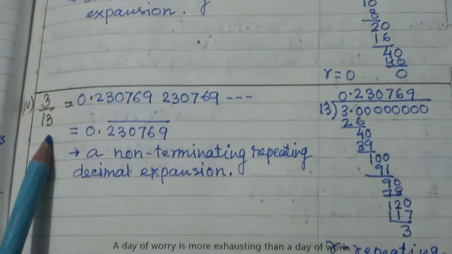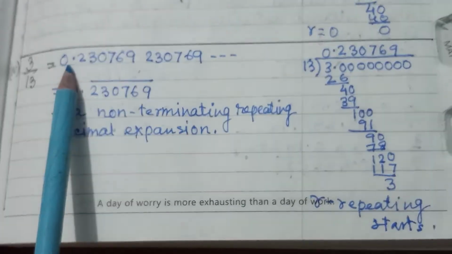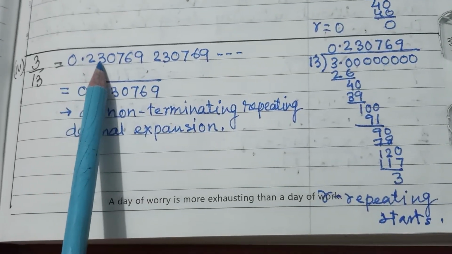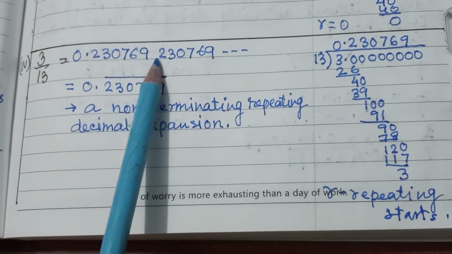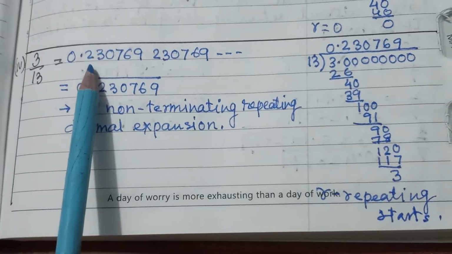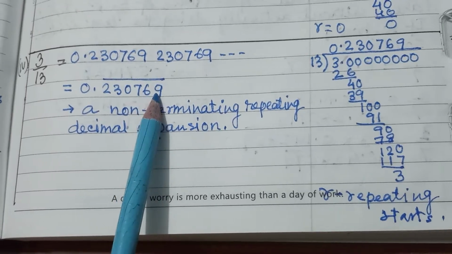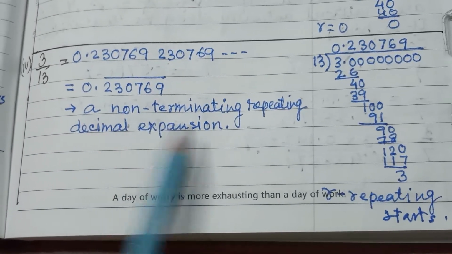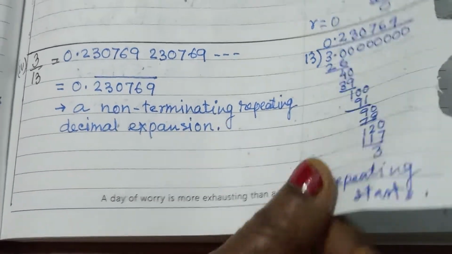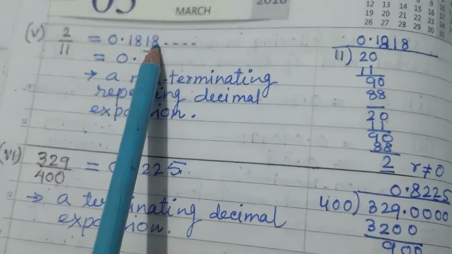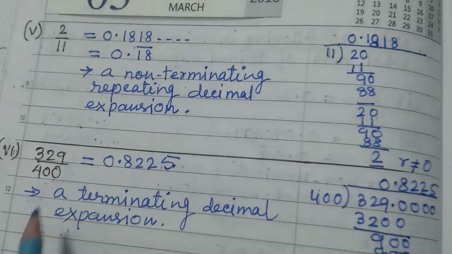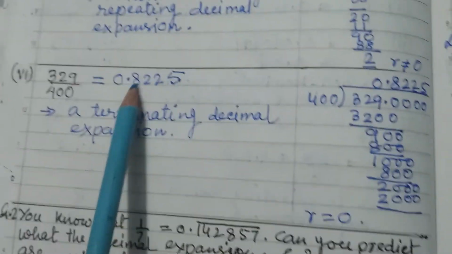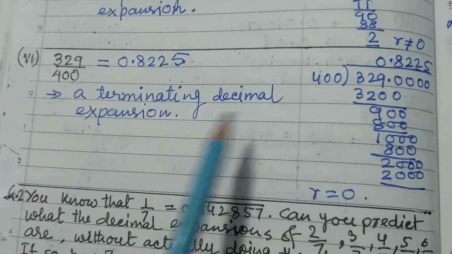Next, 3 upon 13 is 0.230769. After these 6 steps it is repeating, so it is called non-terminating recurring decimal. Next is 2 upon 11, same, 18 is repeating, non-terminating recurring decimal. Here it is terminated already, so it is a terminating decimal.